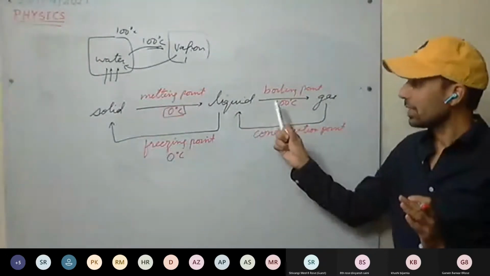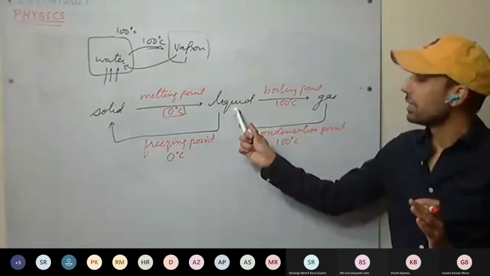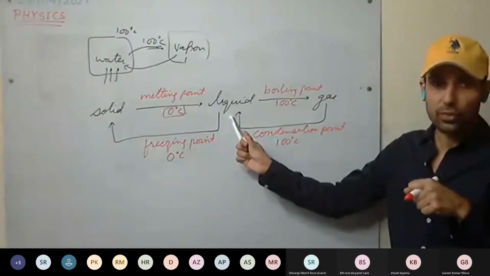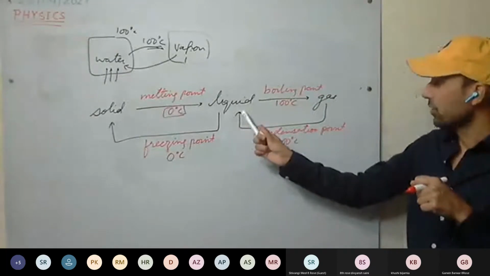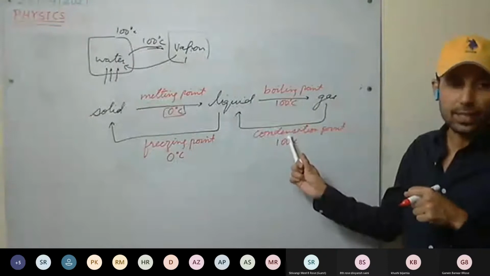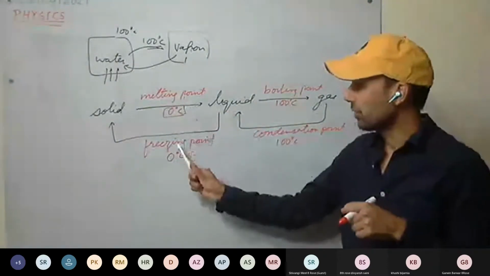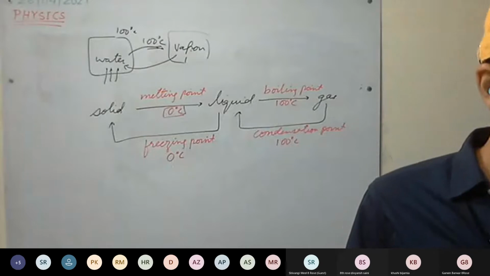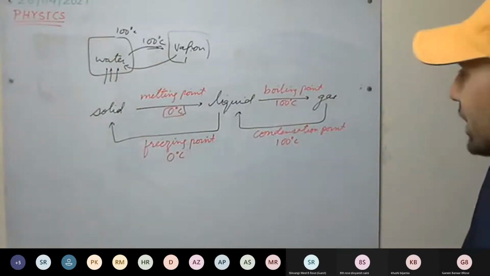If water takes latent heat equal to 540 calorie per gram, it will convert into gas. So boiling point and condensation point are the same. Melting point and freezing point are the same. How are boiling point and condensation point of a substance related?